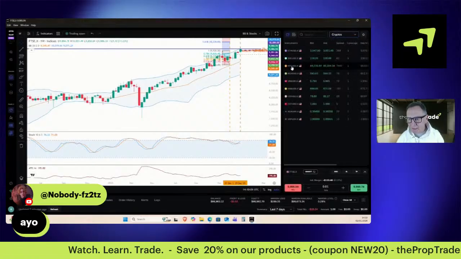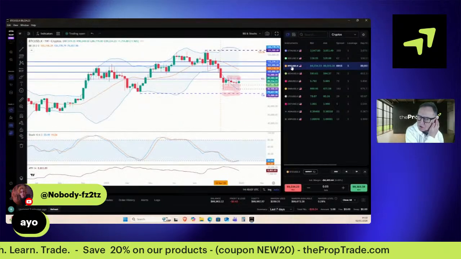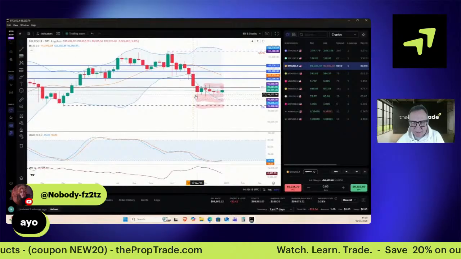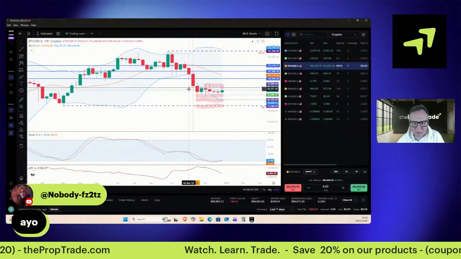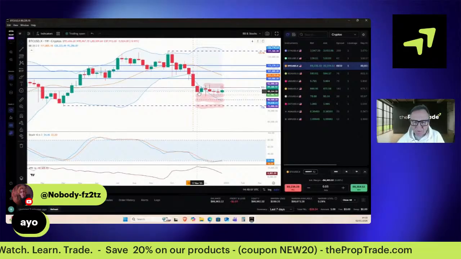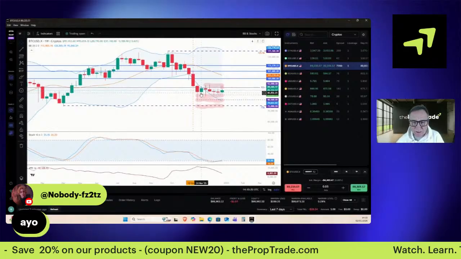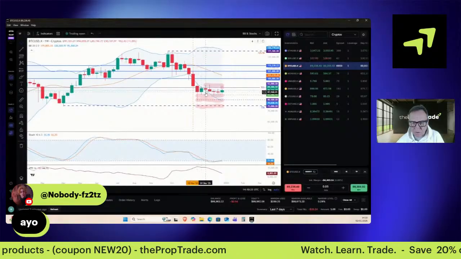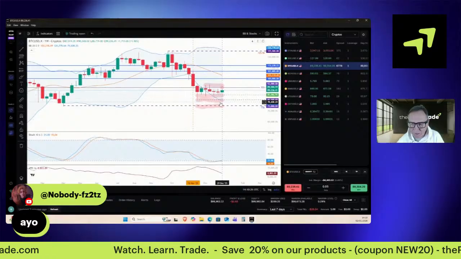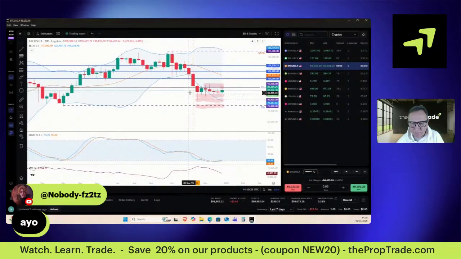So Bitcoin is at 89,000. The gradual recovery in Billy Bitcoin continues, but as you can see, we're still very much in sideways action for the last week or so. This is the weekly chart, covering the last 7 or 8 weeks, so we're into our 7th week of sideways action. Support is at 85,000.